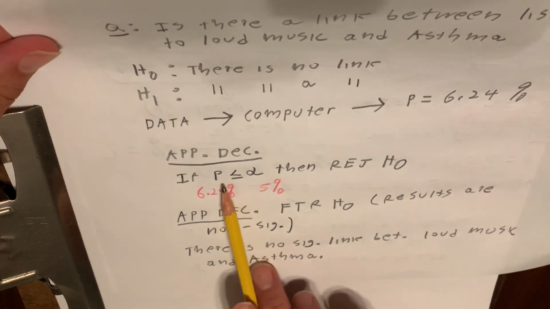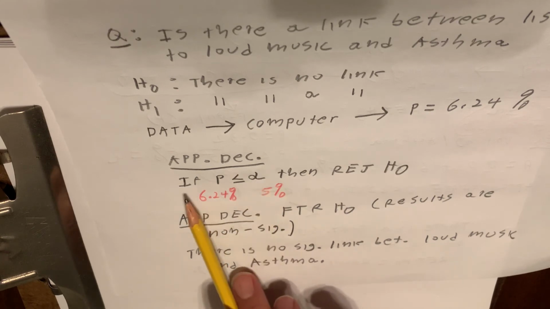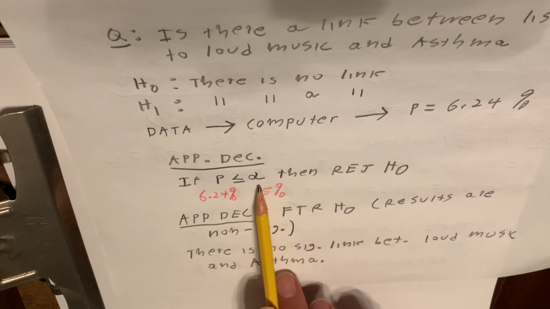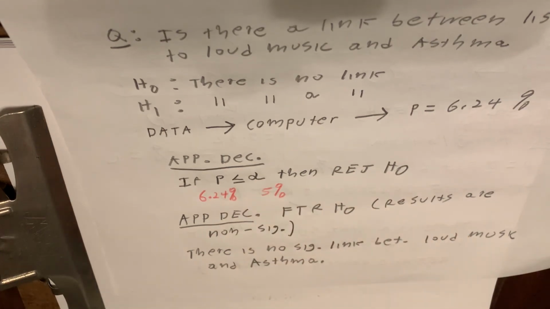If you look at the appropriate decision rule, it says if the p-value is less than or equal to the significance level, then reject the null hypothesis. So even if the p-value hits the significance level on the nose, you still reject the null hypothesis.